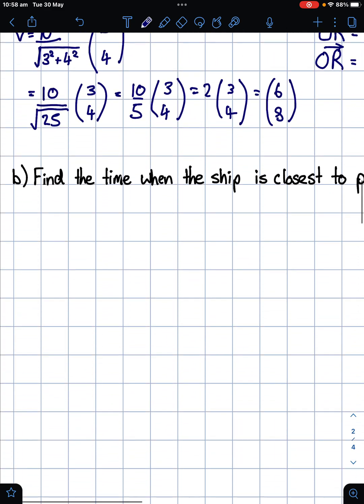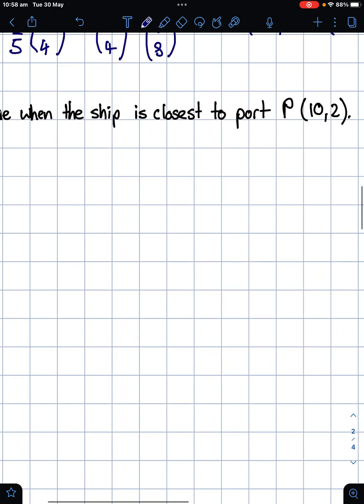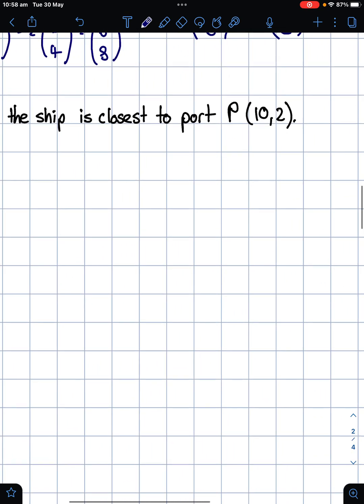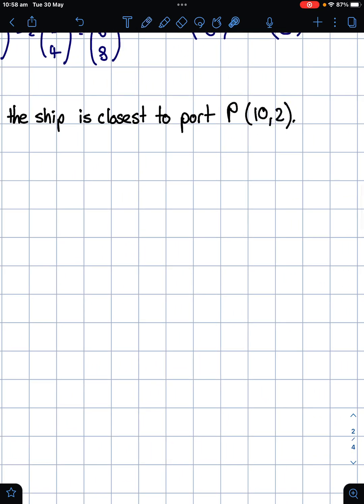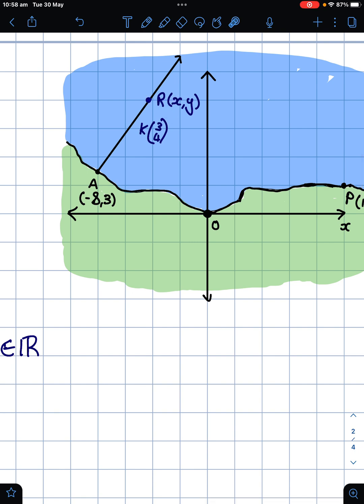So write an expression for the position of the ship. Perfect, we've done that. So then we've got to find the time when the ship is closest to the port, P. So we've got to consider, when is R at a right angle to this vector here?